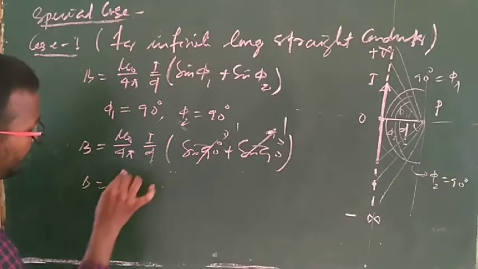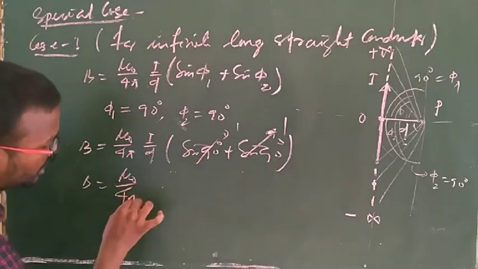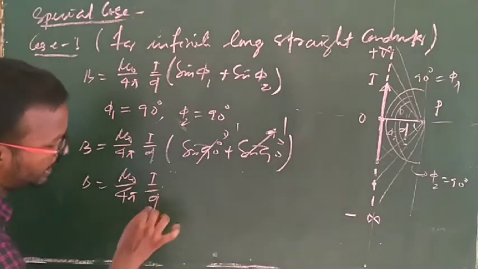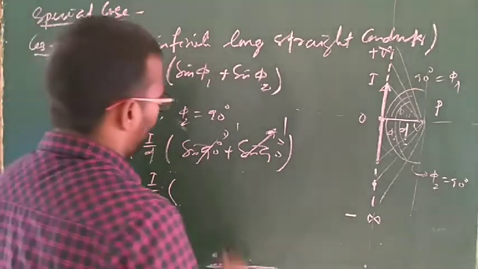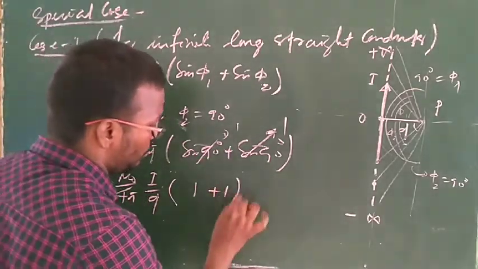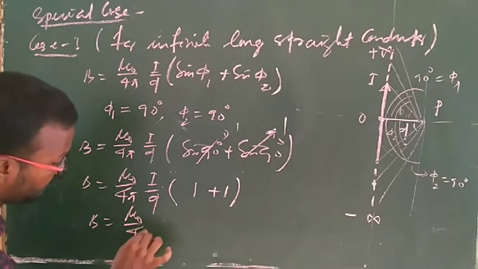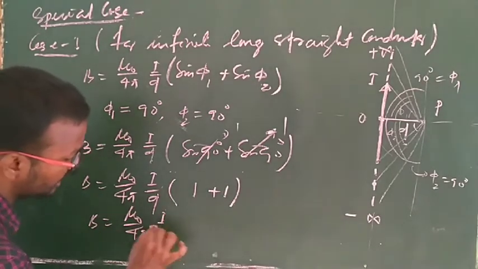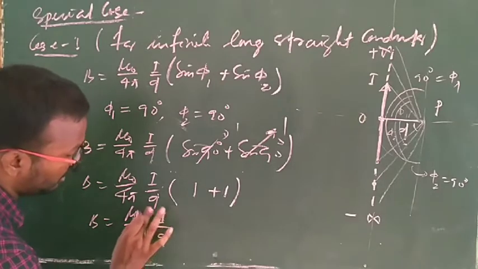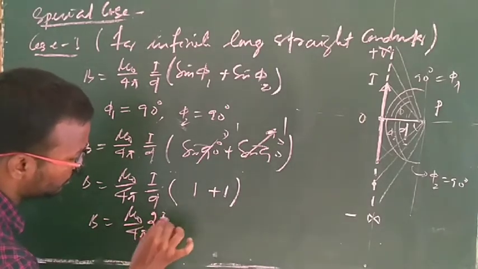So you can write B equals mu naught by 4 pi, I by D, into 1 plus 1, which gives B equals mu naught I by 2 pi D.